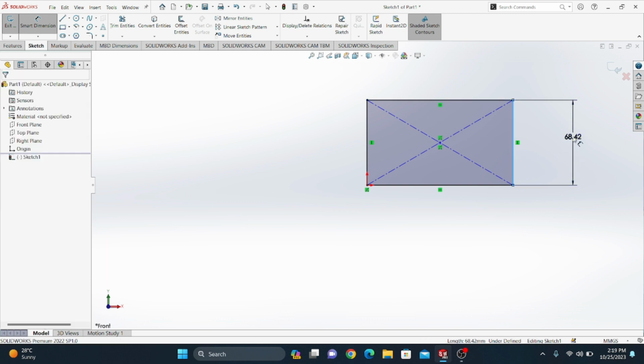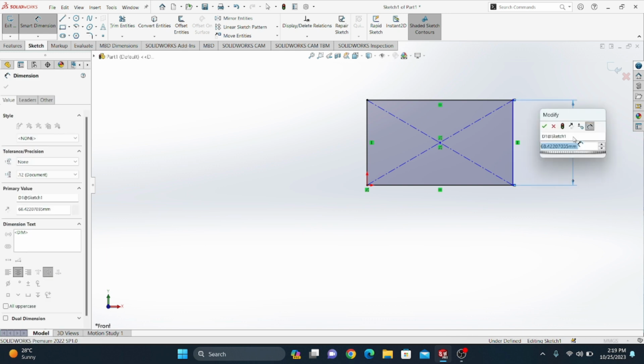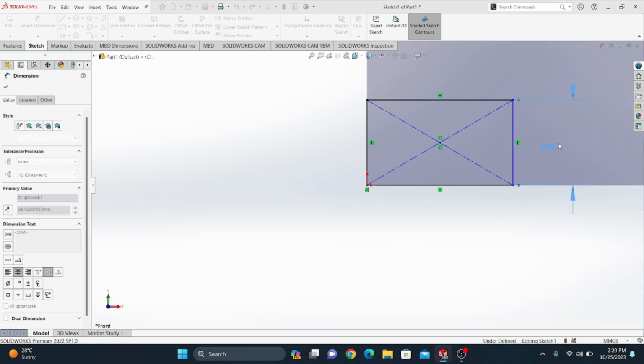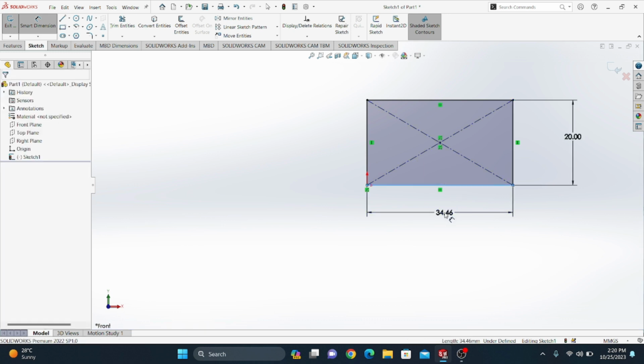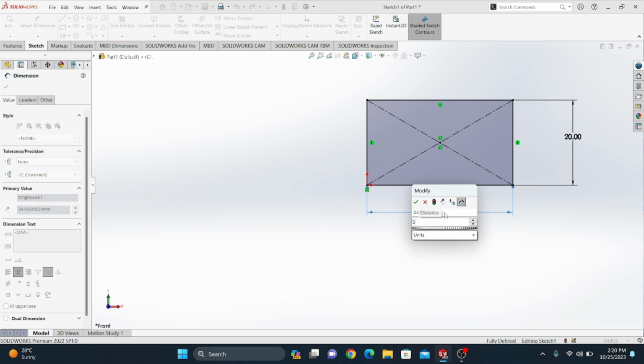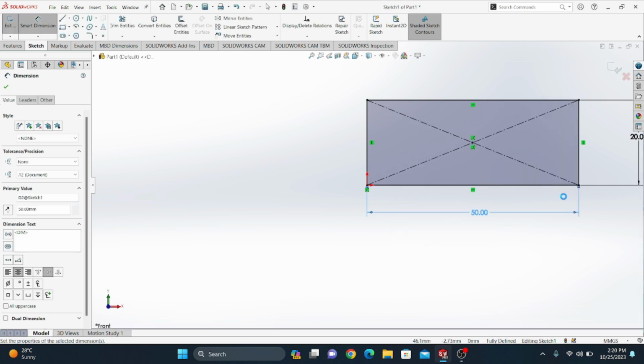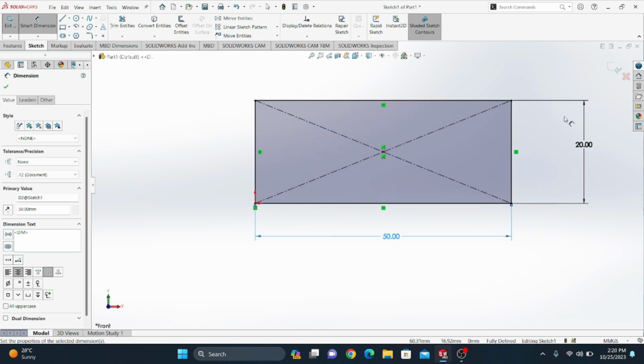For example, I'm selecting 20 over here and 50 here. So this is my rectangle.